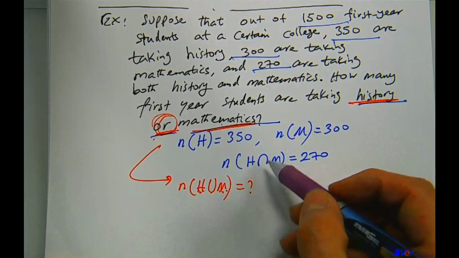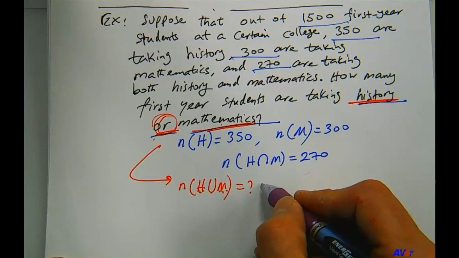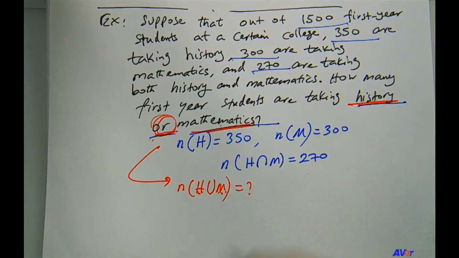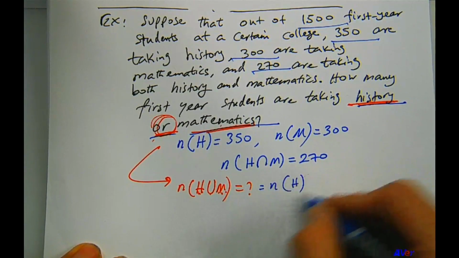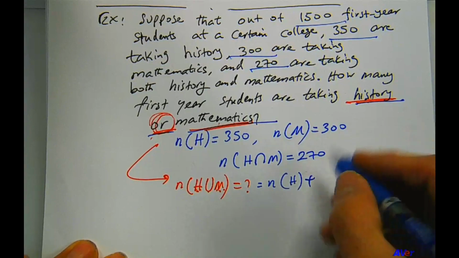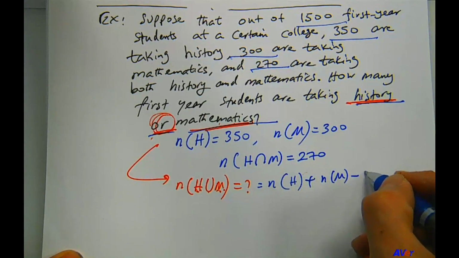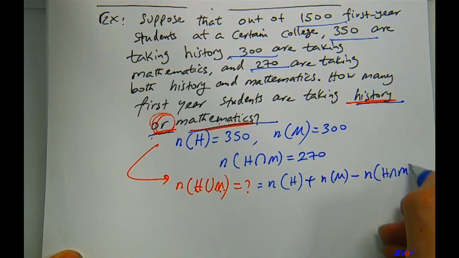So quickly, if you assign symbols to this, you can see that this is really an application of the counting formula. So we know that this is equal to the number of people who are taking the history course, plus the number of people who are taking the mathematics course, minus the number of those who are taking history and mathematics.